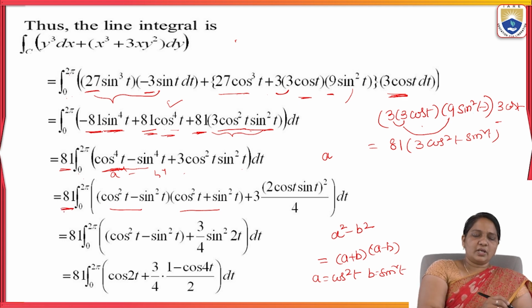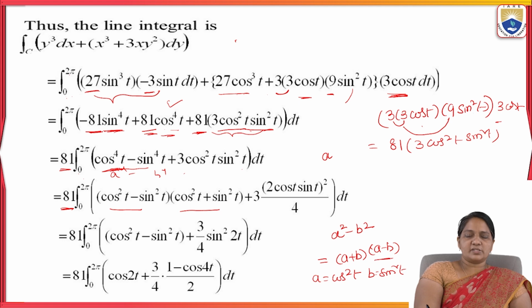So 81. Here cos square t minus sin square t means a minus b into a plus b, plus here 3 sin square t cos square t. I am writing this with 2 cos t sin t whole square. So you can write this as, here I am multiplying with the 4 and dividing by 4. So this value becomes 2 cos t sin t whole square by 4.